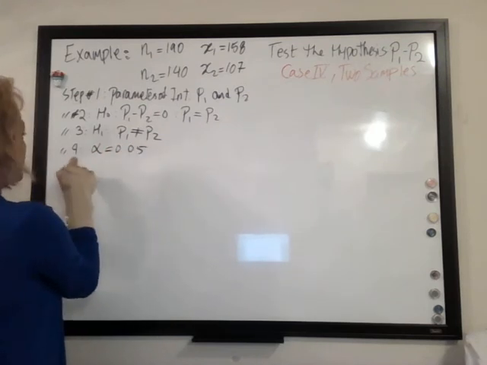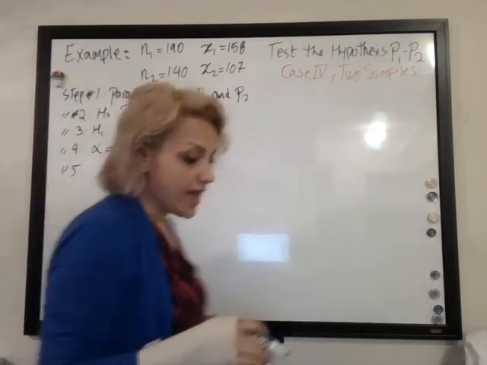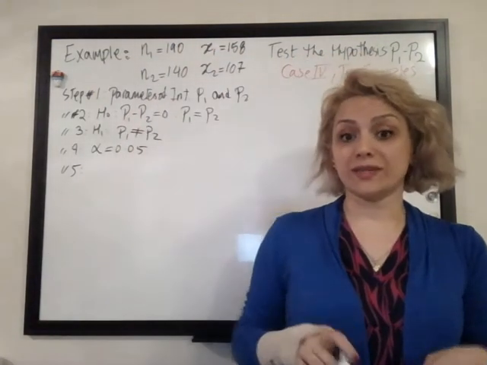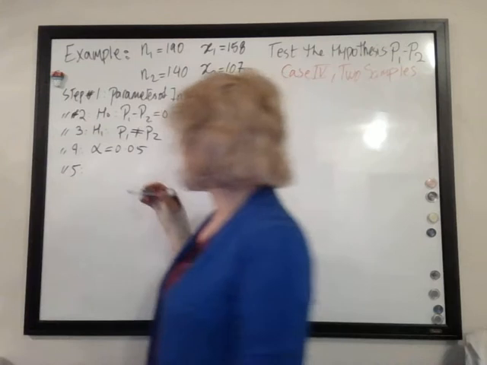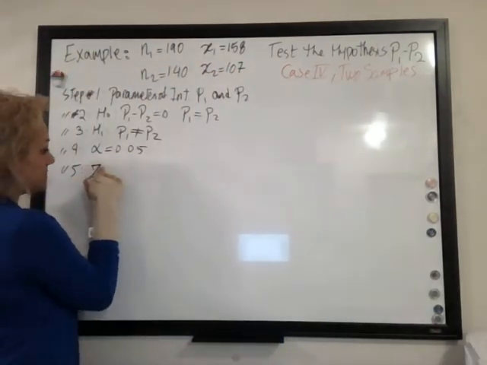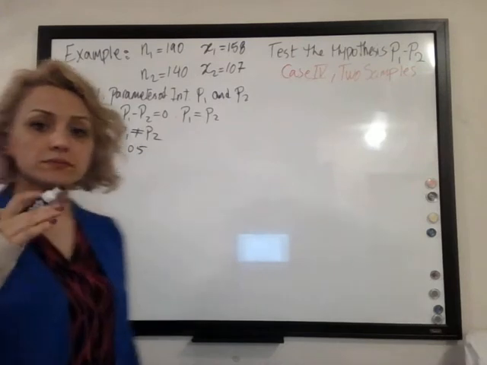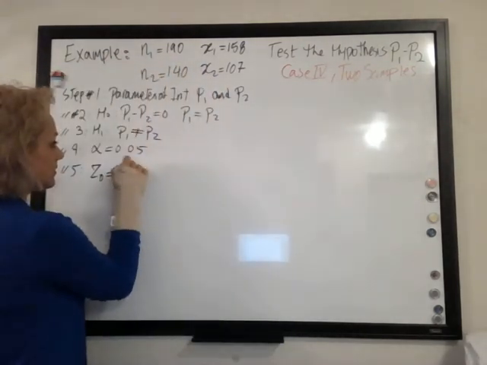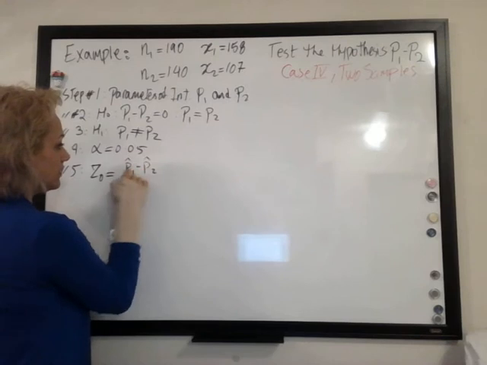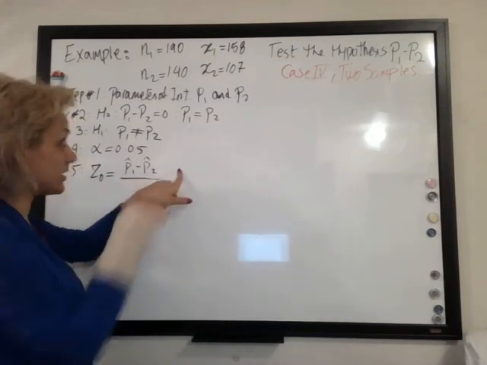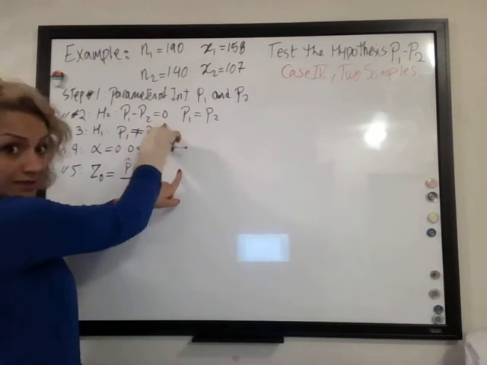Step number 5 is to write down my test statistic, and we know that when we are working with proportions, we are going to work with the Z table. So the test statistic, Z observed, is equal to P1 estimate minus P2 estimate, in fact minus delta, P1 minus P2, but here delta is 0.